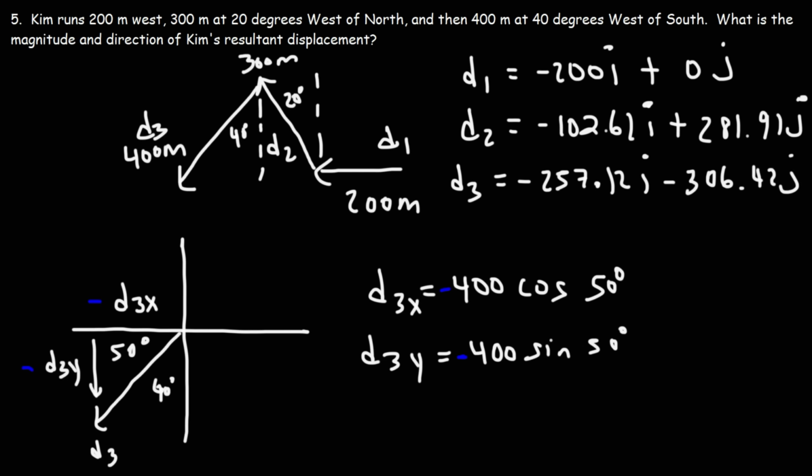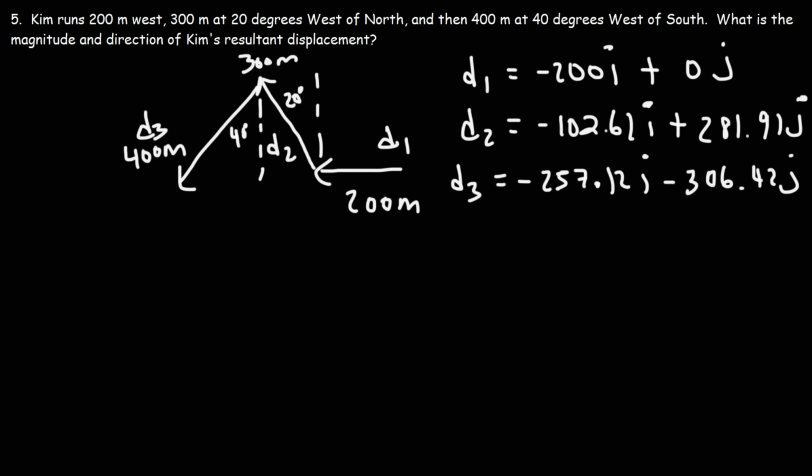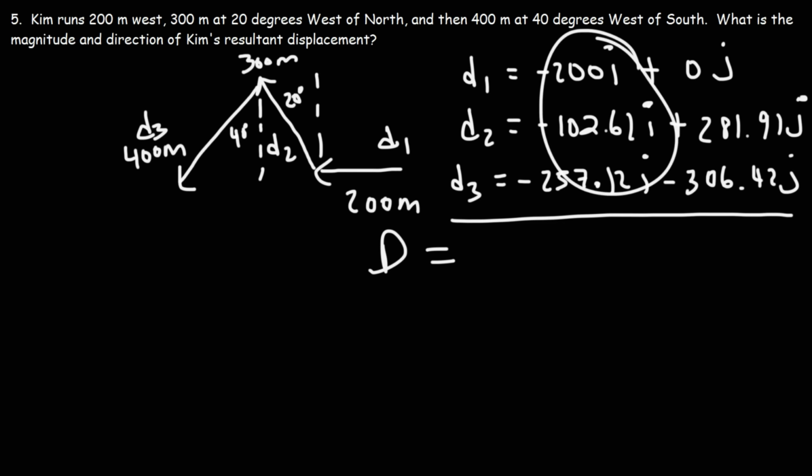So now the three vectors, we broke it down into components. So now we're going to add up all the components to get our resultant displacement. So let's begin by adding all of the x components. So we have negative 200 plus negative 102.61 plus negative 257.12.